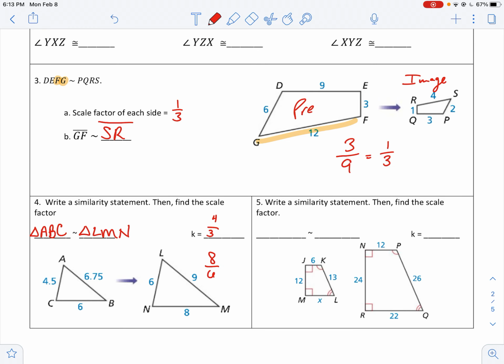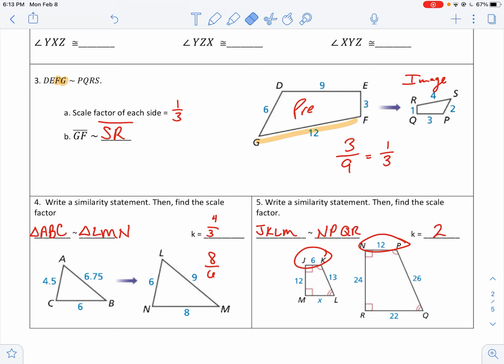And then over here we've got JKLM is similar to NPQR. And for the scale factor, I'm going to pick JK and NP, the first two letters. 12/6, scale factor is 2.